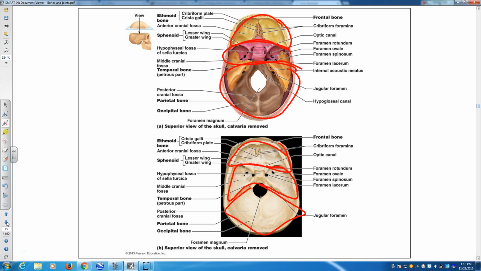And I showed you how the brain model right there can easily fit into these fossae. That's actually how the configuration of the skull repeats the configuration of the inferior surface of the brain.